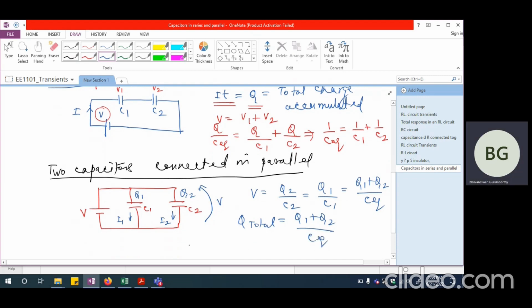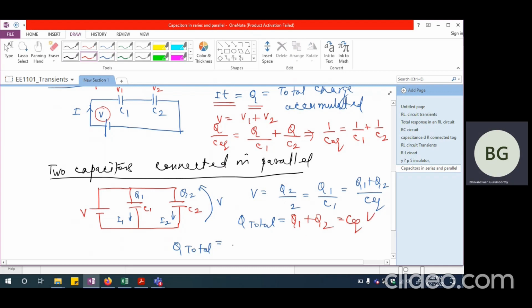Okay, so I should say Q total is going to be equal to, sorry, this is Q1 plus Q2, which is C equivalent multiplied by voltage.